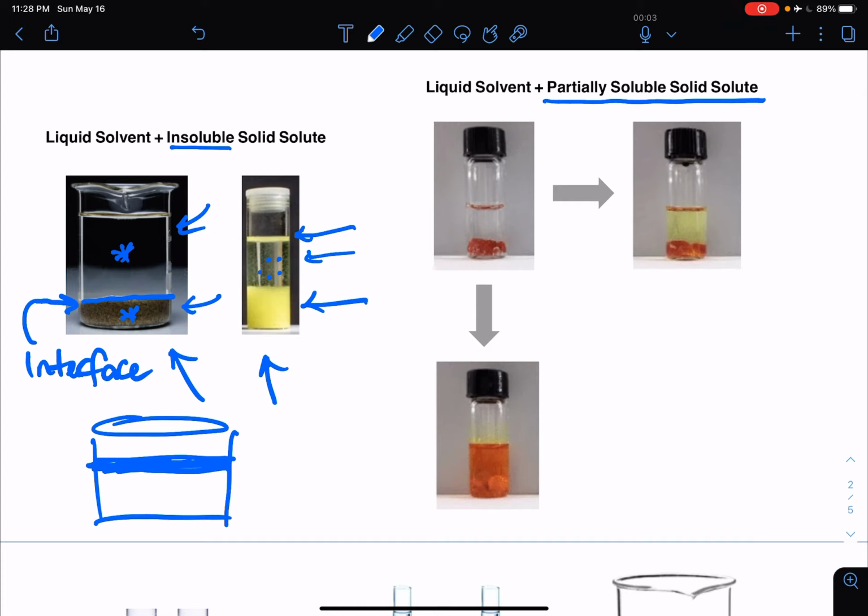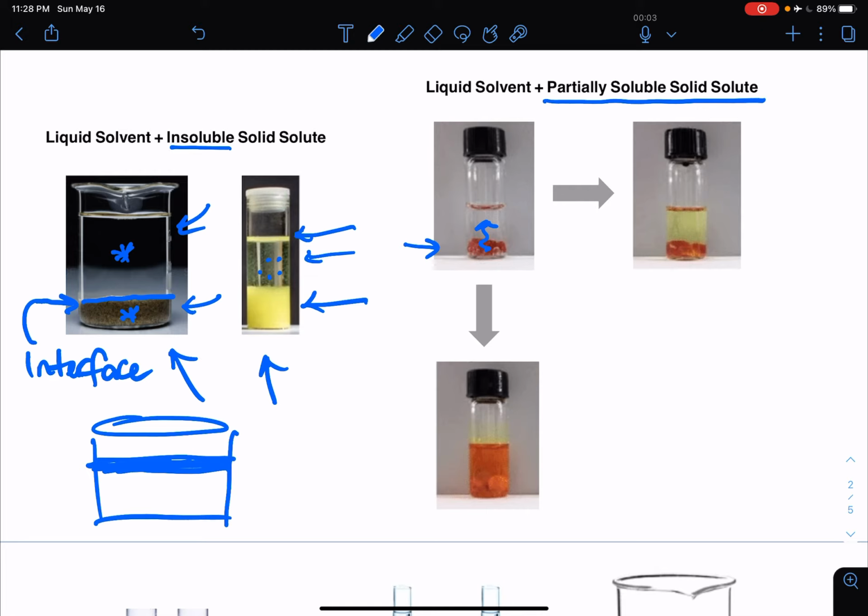So if we have this example here where we put our orange solid solute into our liquid solvent and we give it a little bit of time, and some of it dissolves up into the solvent, but not a lot of it dissolves up into the solvent because it's only a little bit soluble.